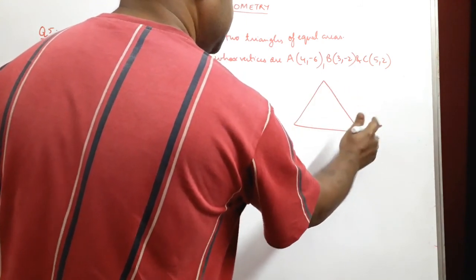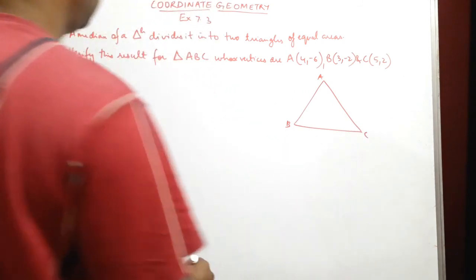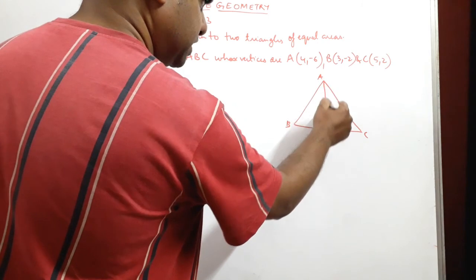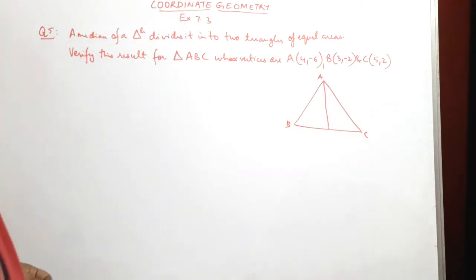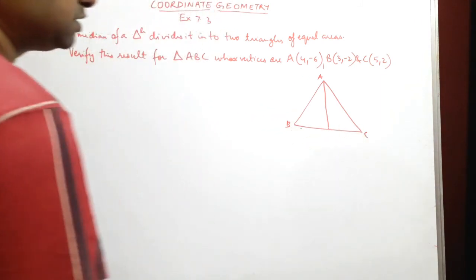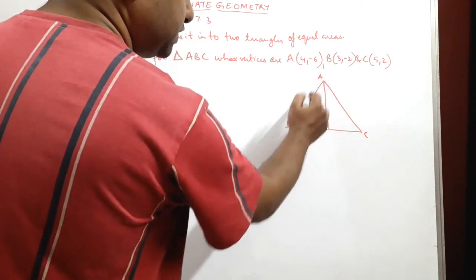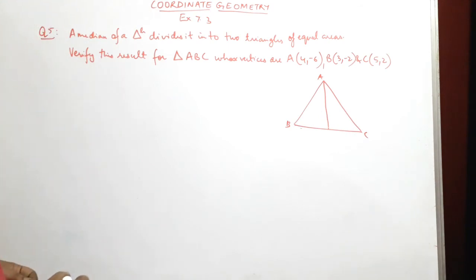If we have a triangle ABC here, and it says there is a median, which means it will be right in the center. So what a median does, it not only divides this segment BC into two equal parts, but it also divides the entire area of this big triangle ABC into two equal areas.